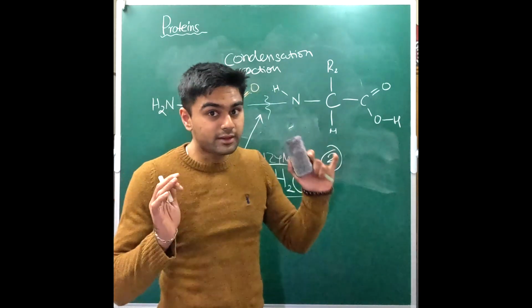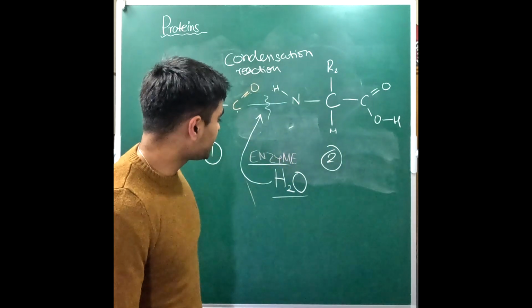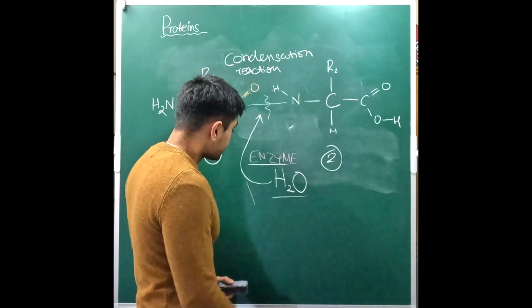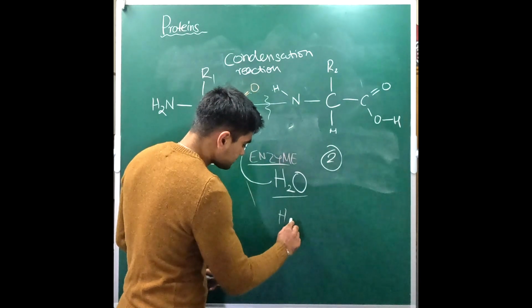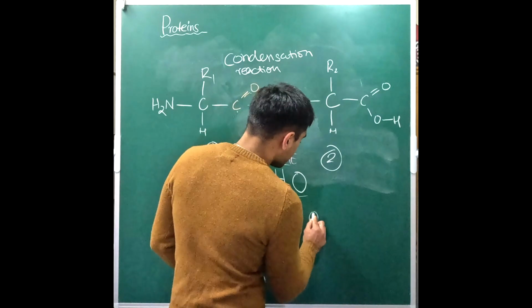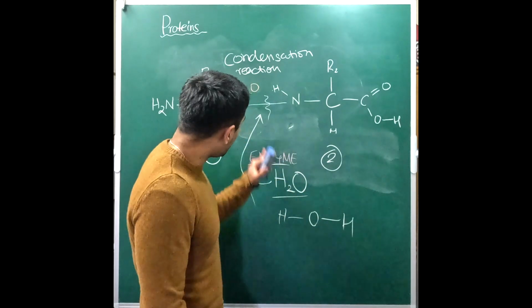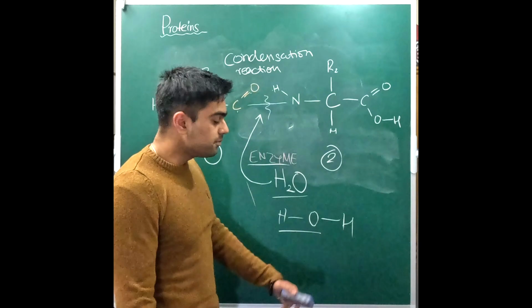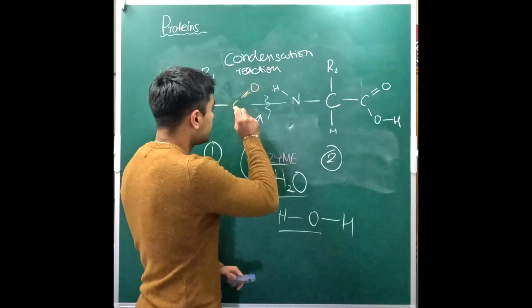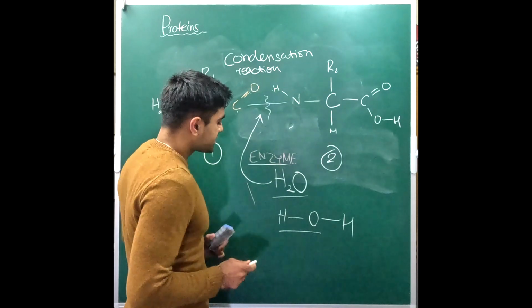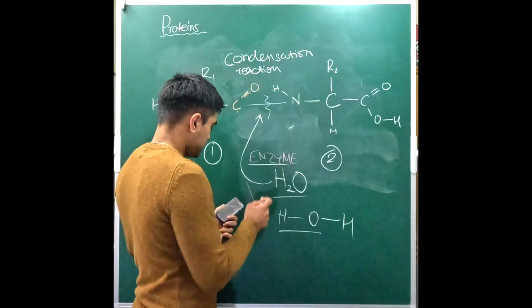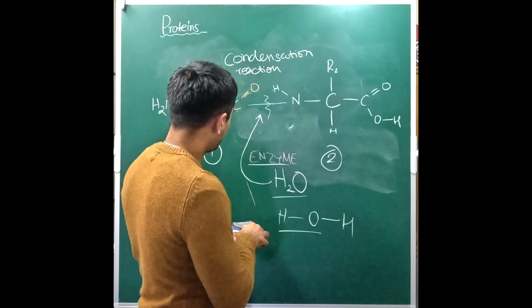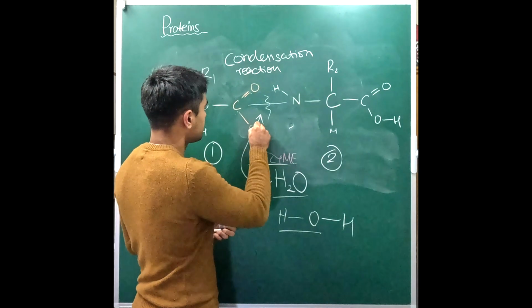The carbon's like, oh my god, I need to make a bond with someone again. And you realise that that H2O kind of looks like this, right? And the carbon's like, hang on a minute, I remember you, OH. You were from me. So, my guy, the carbon, decides to take the OH back, and you have your OH returning here.